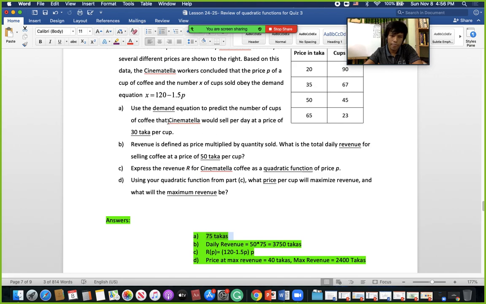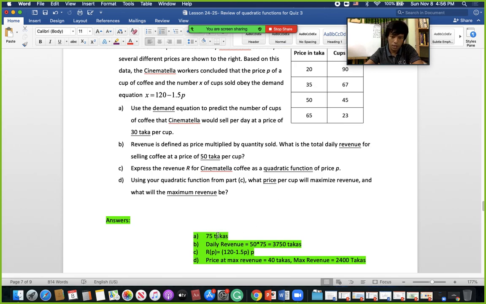You're going to predict the number of cups of coffee sold per day. Per day means in one day, how many cups of coffee they sell. So if you put p equal to 30, then you will get the answer 75.